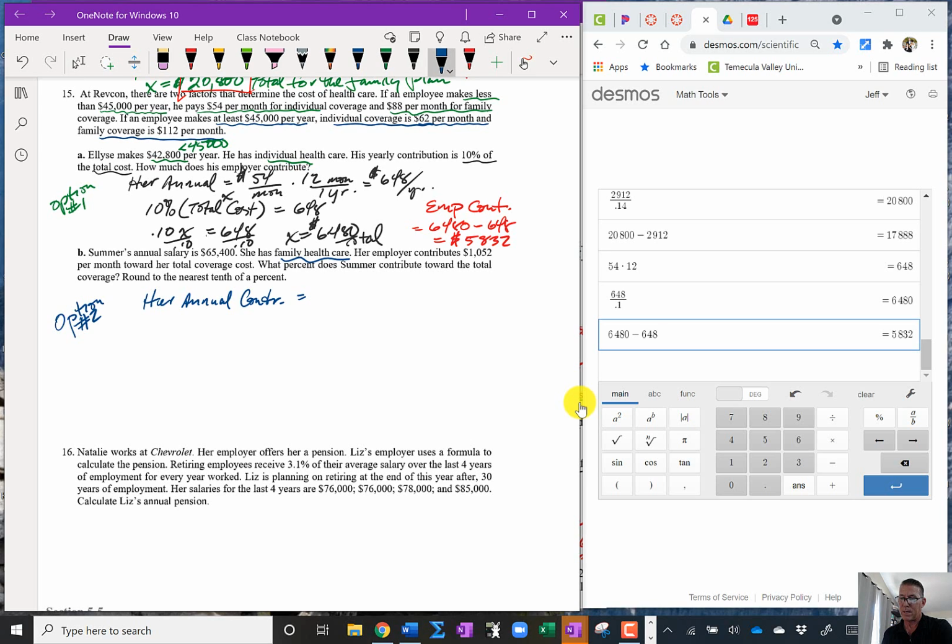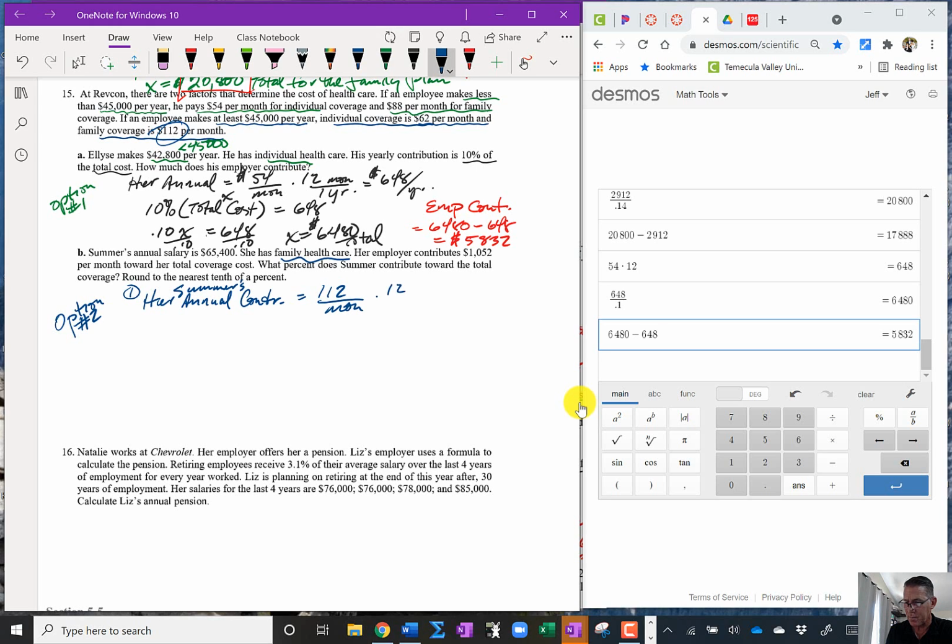So it's $112 per month times 12 months a year. That's $1,344. This is what she contributes per year.